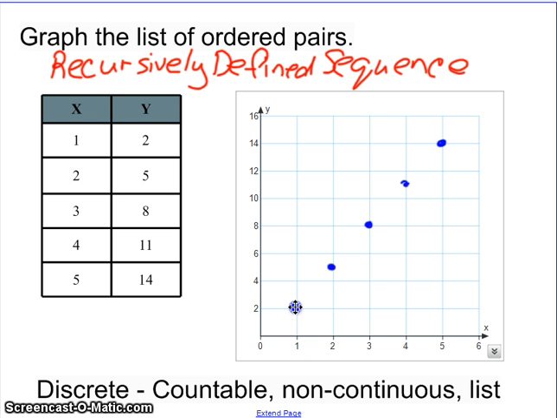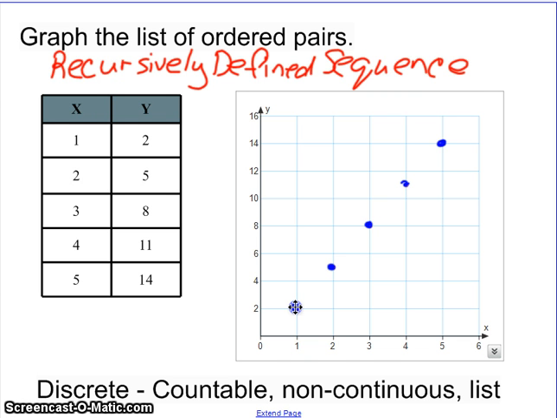I'd like to point out what is the meaning of the word discrete, okay? Discrete in math means countable and non-continuous. If these points were connected in a line, they would be continuous. These are not connected, and the reason why is because we're making a list.